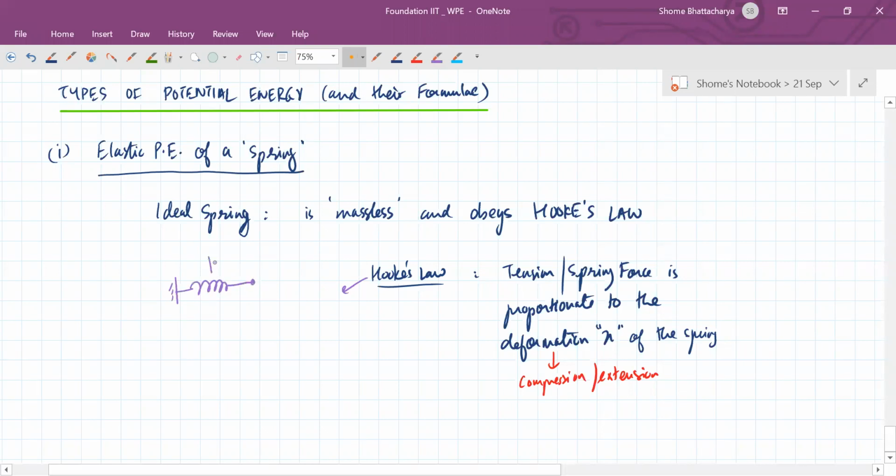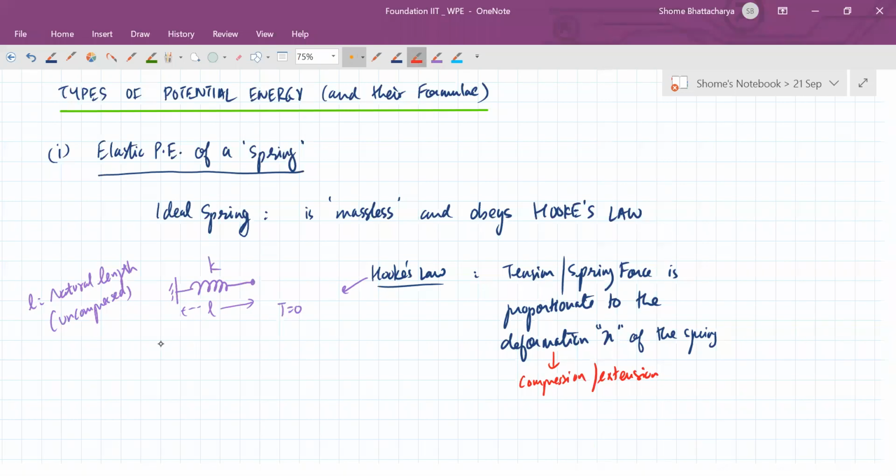if this is the state of the spring in what is called natural length, L is the natural length, or you can say uncompressed state, then the tension will be zero in the spring.